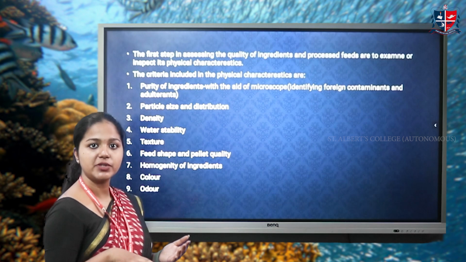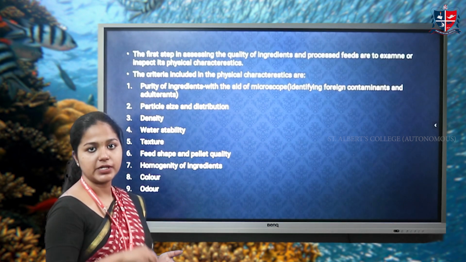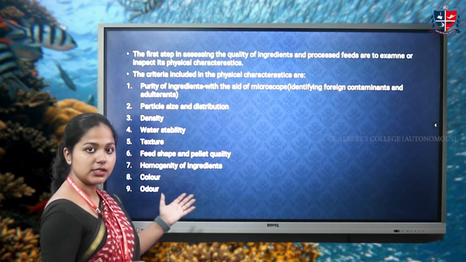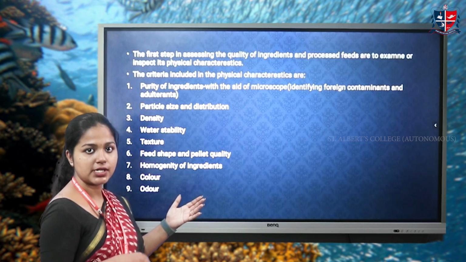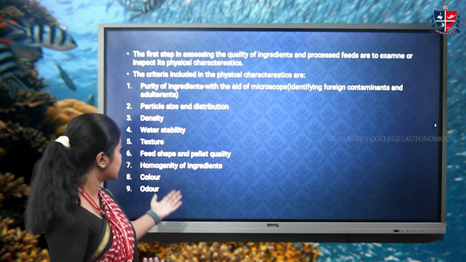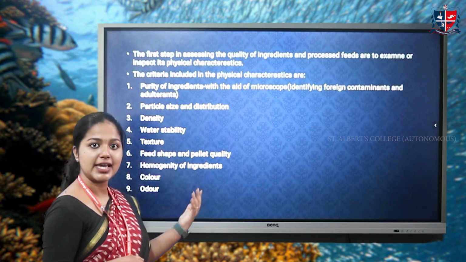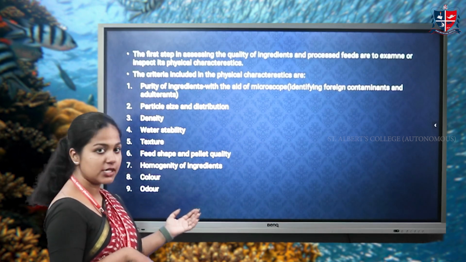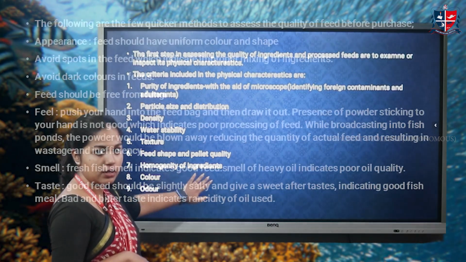We check the uniformity of the ingredients present in that particular feed. Then its density, water stability, whether any nutrient leached out from the feed ingredient, its texture, pellet quality and shape, homogeneity of ingredients, and also color and odor.